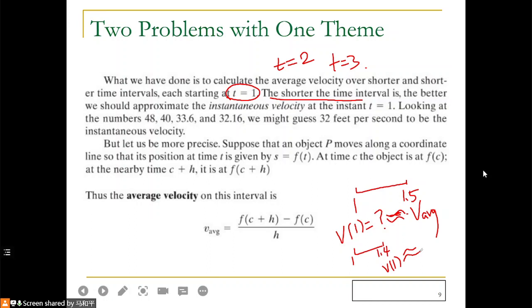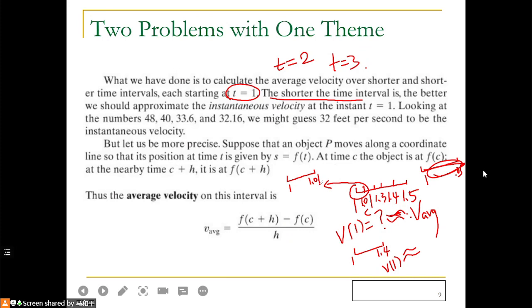So we can see that when the time interval is shorter, for example 1 to 1.4, or 1 to 1.3, or from 1 to 1.01, the time interval is shorter and shorter.